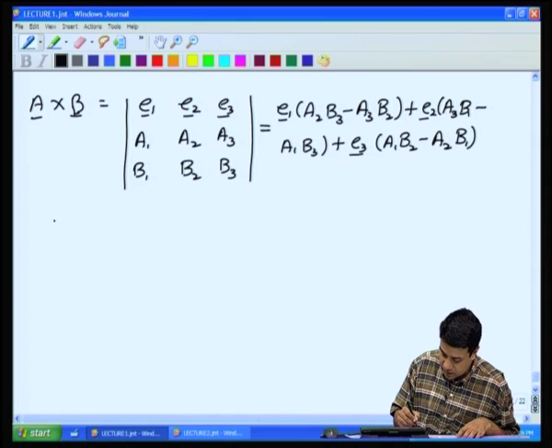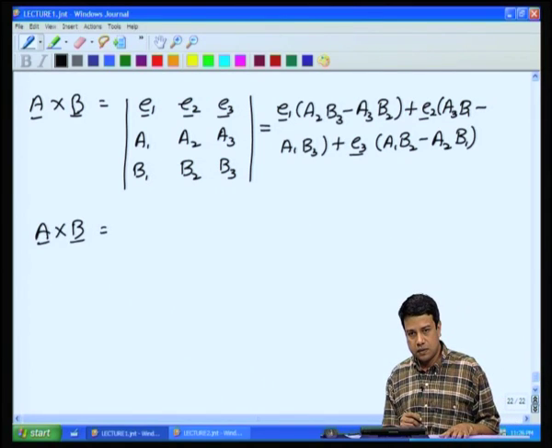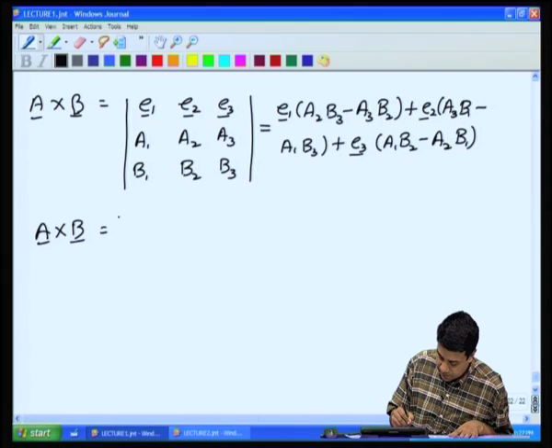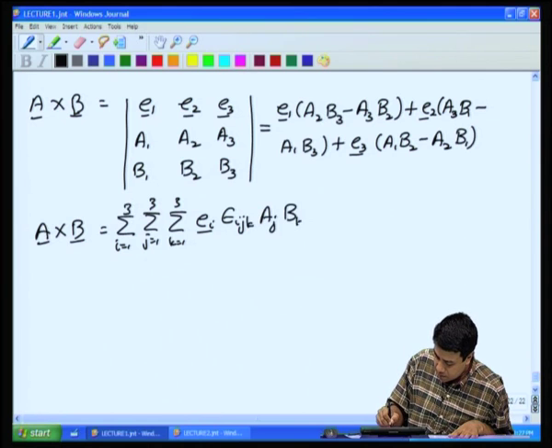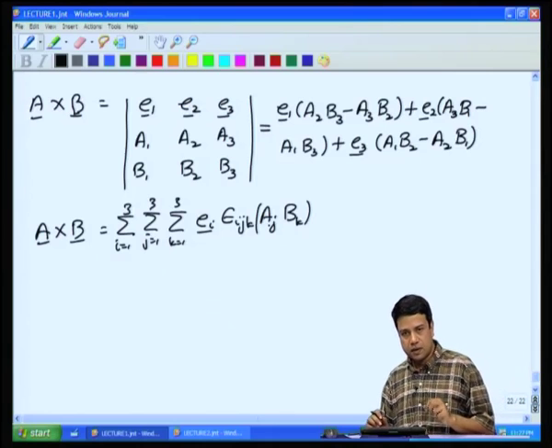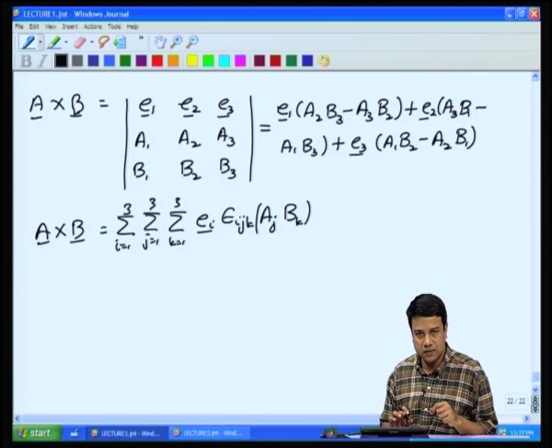So, for example, if I have the cross product A cross B, I am going to write this as summation I equal to 1 to 3, E I epsilon I j k A j B k. Note this is now a vector. This is a vector because it has one unit vector.